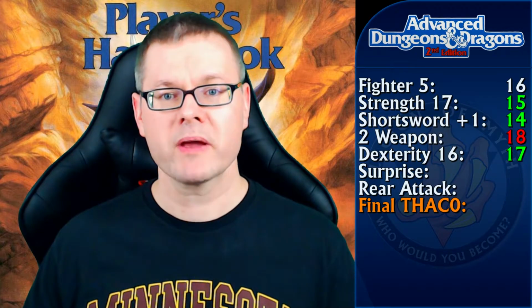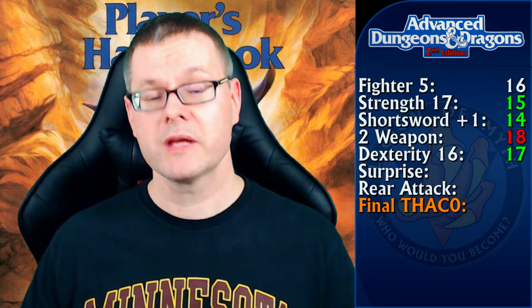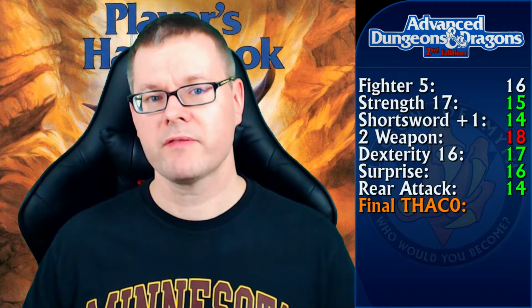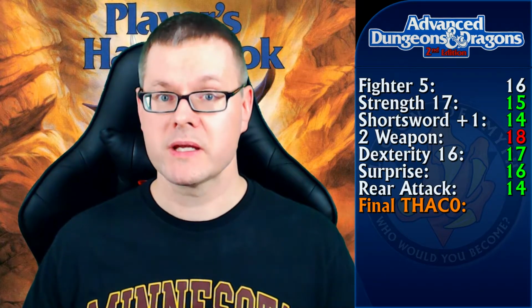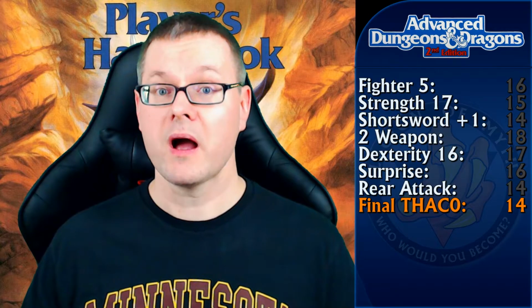This translates into a penalty of +3 to THAC0. 14 plus 3 equals a modified THAC0 of 17. Finally, we apply the surprise and rear attack modifiers for a total bonus of +3 to the attack roll, or -3 to THAC0. 17 minus 3 is 14, so our final modified THAC0 for the offhand attack is 14.